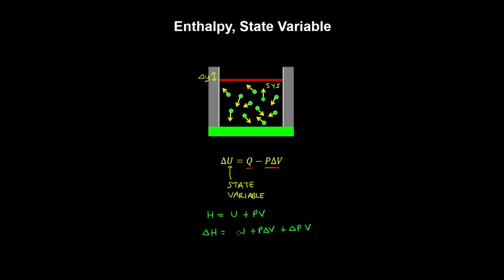And if we substitute for the internal energy, then these cancel, and for a system under a constant pressure, then the change in pressure is 0, and therefore the change in enthalpy is equal to the heat energy absorbed or released at constant pressure. And most chemical reactions occur under this condition, so we use the change in enthalpy rather than a change in internal energy.